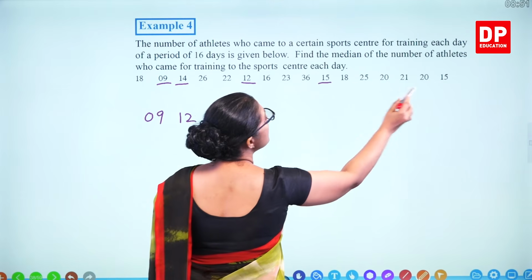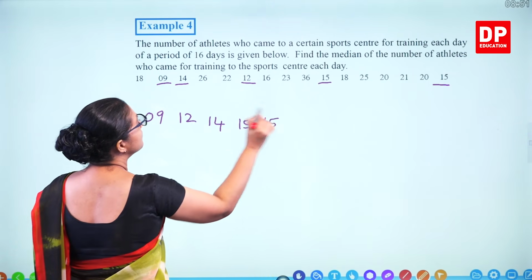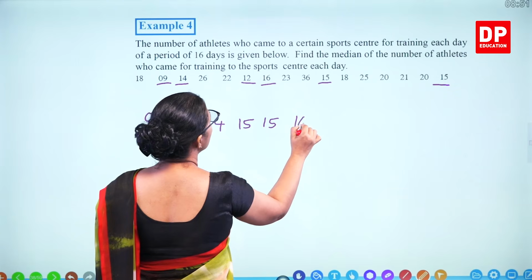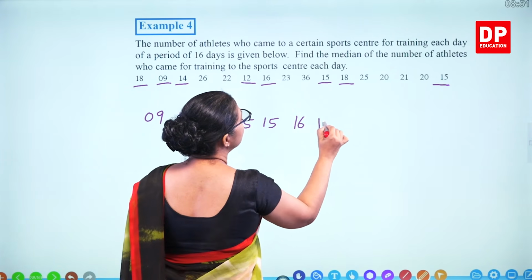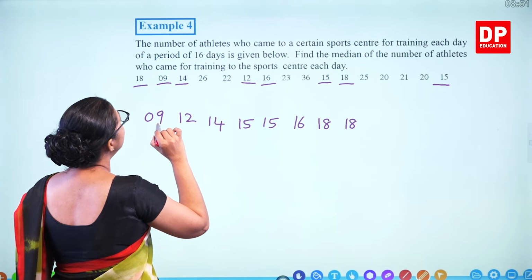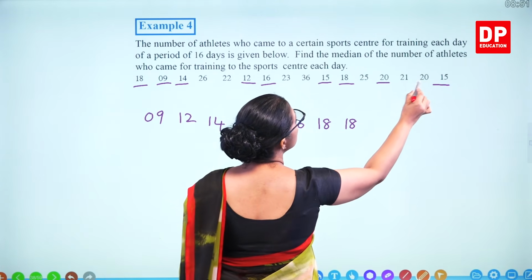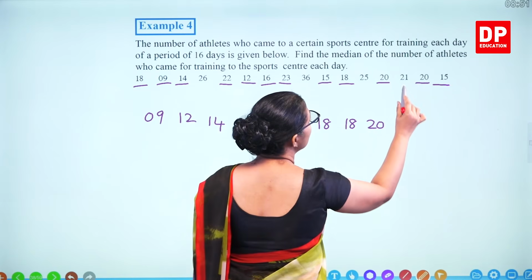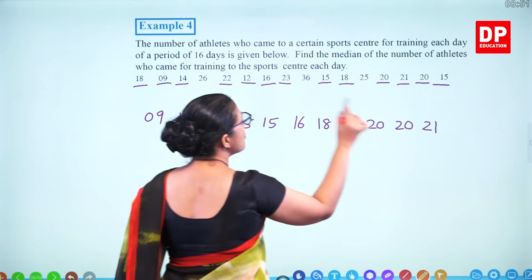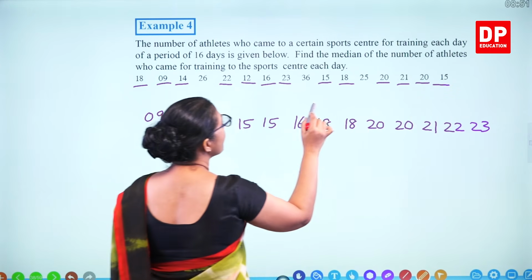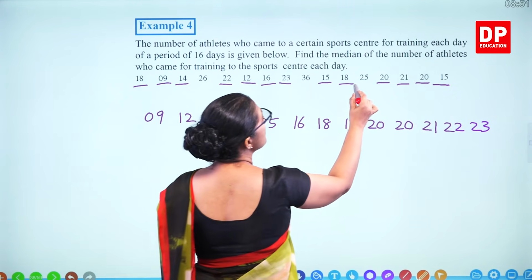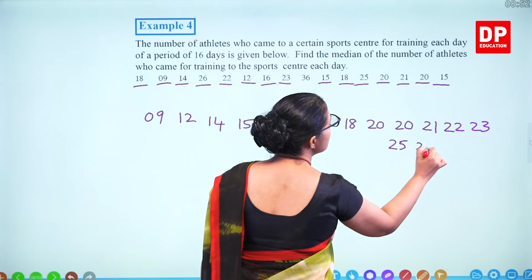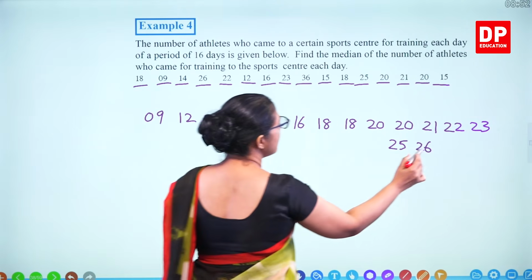Then 15 twice. Then I see 16, 18 twice, 20 twice, 21 is also there, then 22, 23, 25, 26, and then 36.